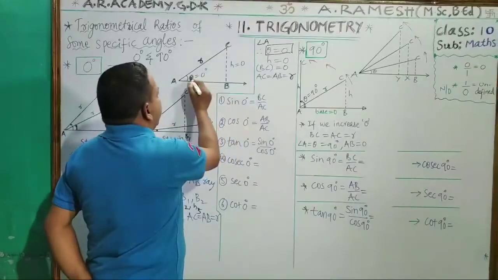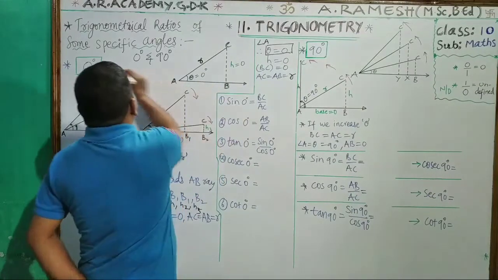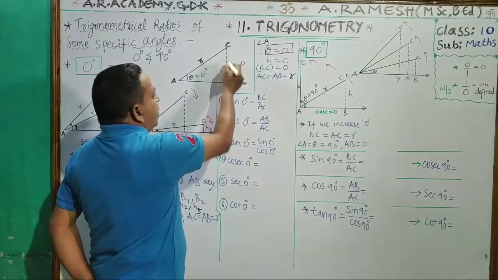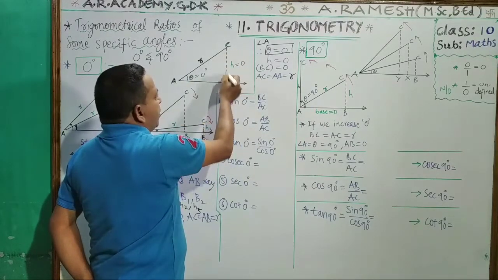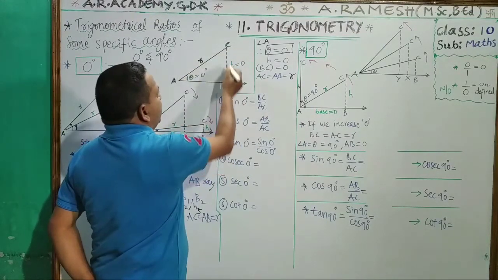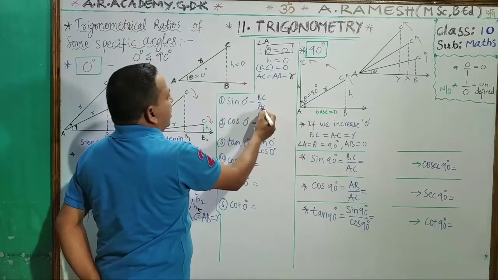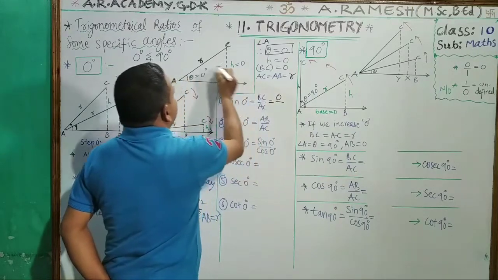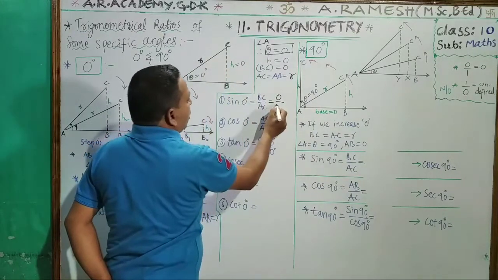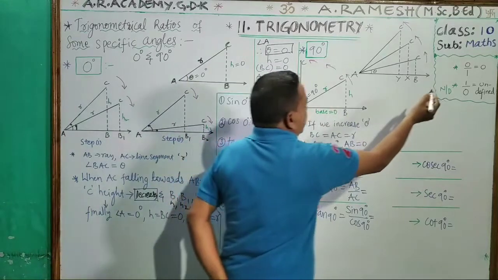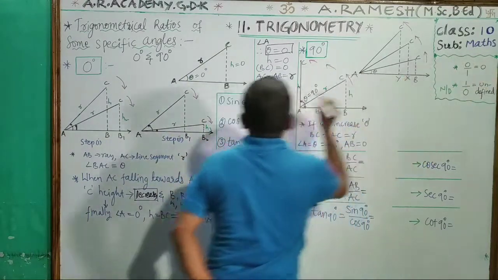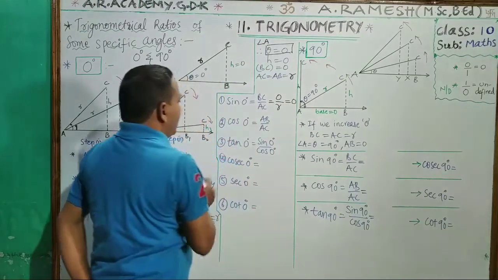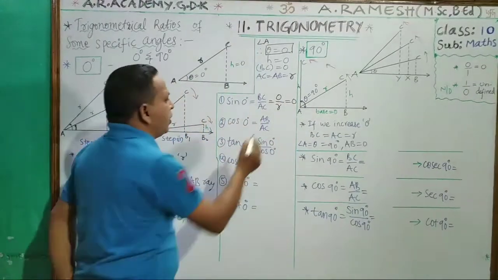First, theta became 0. We are discussing 0 degrees. Sin 0: the formula is opposite side by hypotenuse. Opposite side means BC by AC. BC is 0 here, and AC is R. So 0 by R is 0. So sin 0 value is 0.